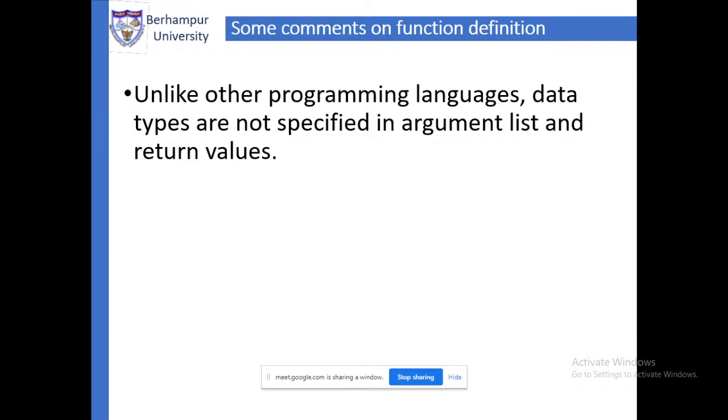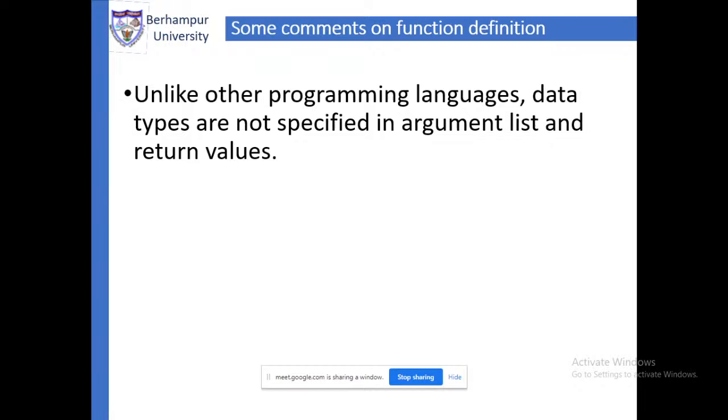Unlike other high-level programming languages, data types are not specified in the argument list and return values. Data type means whether the data is numerical data, which is integer or real, and that is not required to be specified, or it is character. Whatever the data type is, it will automatically take it.